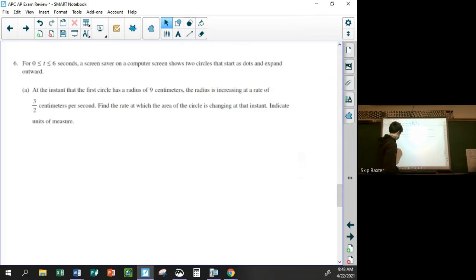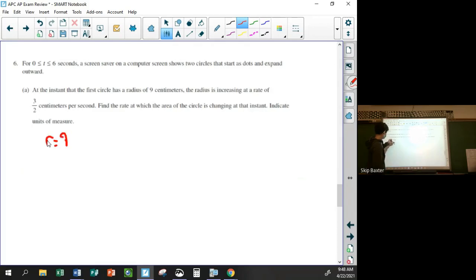So this is a related rates question, right? We want to know when the radius is 9, so r is going to be equal to 9 centimeters. And then the radius is increasing at a rate of r prime equal to 3 over 2. Find the rate at which the area of the circle is changing at that instant. So area is equal to pi r squared. Take the derivative.